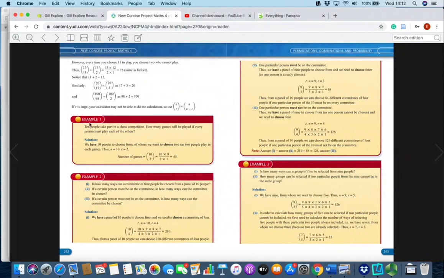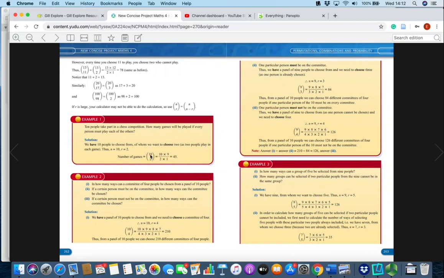For example, let's go to example 1. 10 people take part in a chess competition. How many games will be played if every person must play each of the others? How many people play in chess? 2. So you have 10 people to choose from, of whom we want to choose 2 at a time.